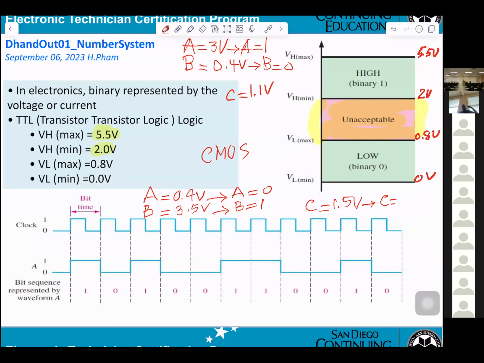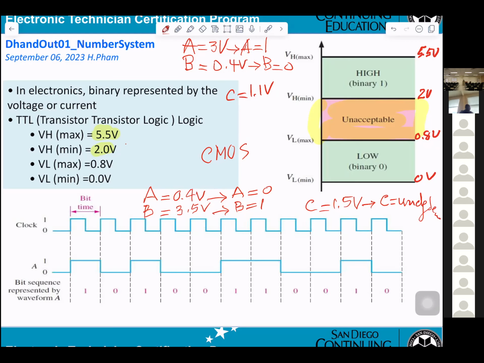When you measure and get 1.5 volt, guaranteed your circuitry has something wrong. So that's what they call TTL logic.